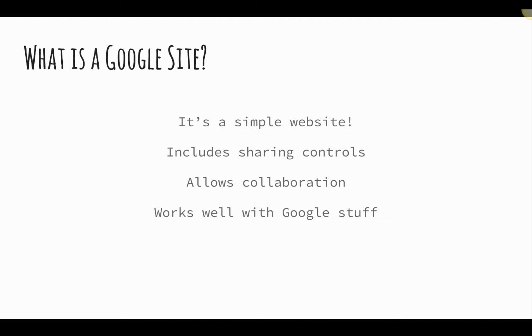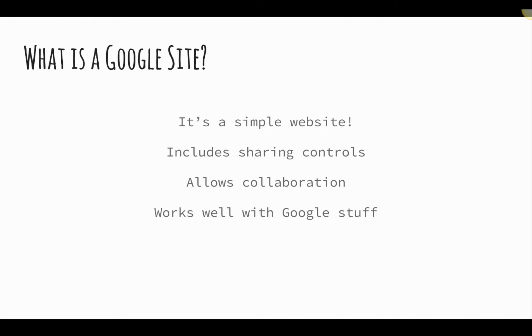It really works well with Google stuff too. So again, like all the things you make in Google Drive, if you make a doc or a slide or you upload a video to Google Drive, you can very easily place those items in a Google site. Just insert and it makes it super simple. It's a few clicks and you've got a video in there. It's a few clicks and you've got a slide in there. You really don't even have to use embed codes, which I'll have a workshop later on this next month about, but this makes it even easier.